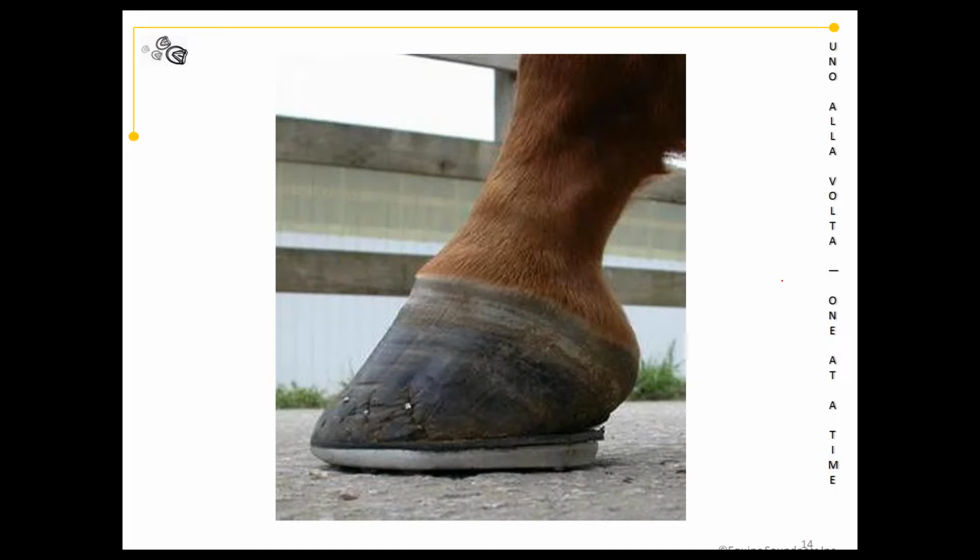Next step, let's put a wedge pad between the shoe and the heel, or let's put an elevated heel on the shoe. This is what you see here in the picture. The shoe is actually a little bit higher here than it is here.